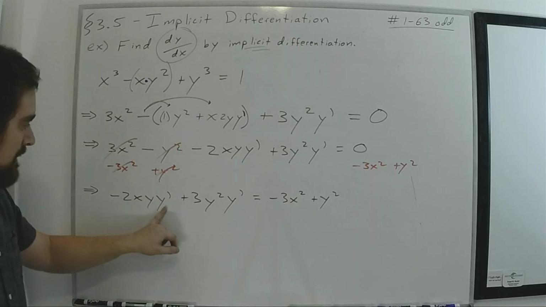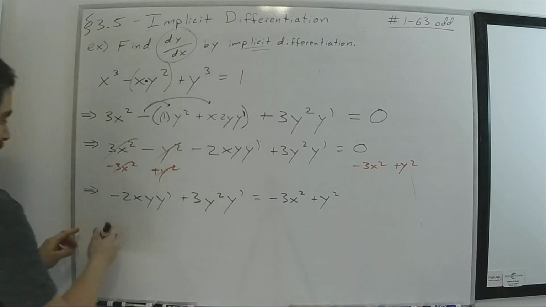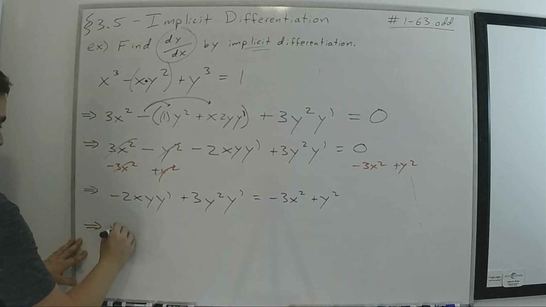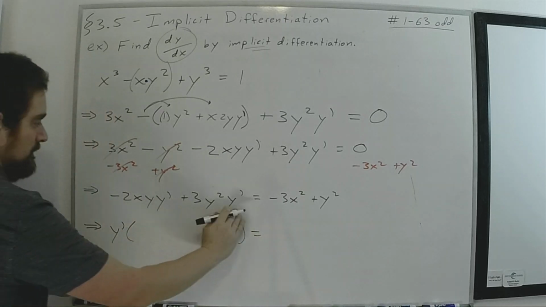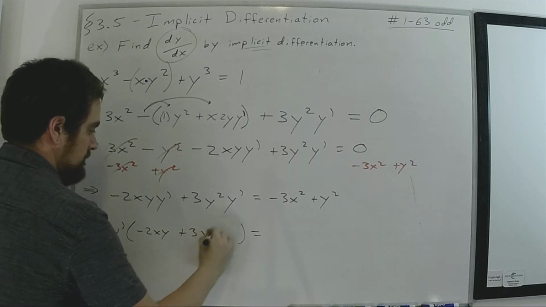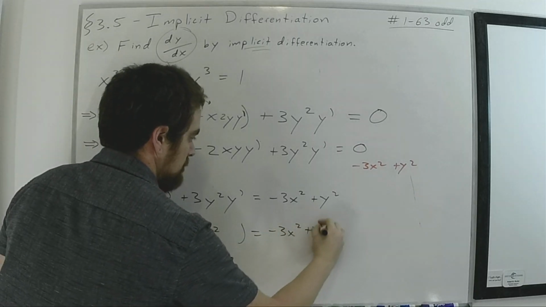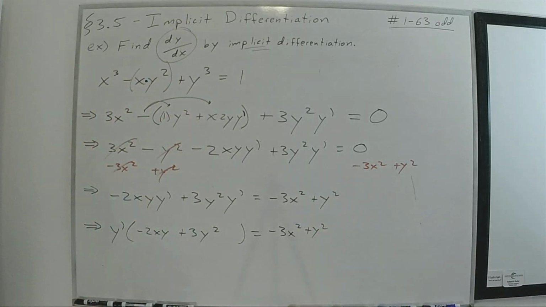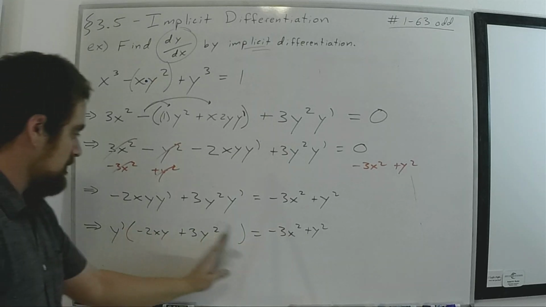Now we have a common y prime and a y prime. So I'm going to factor it out because it truly is in common with both of these terms: negative 2xy plus 3y squared. Right-hand side didn't change. It is what it is. Now I can isolate y prime simply by dividing by this expression. This is y prime times all of this.